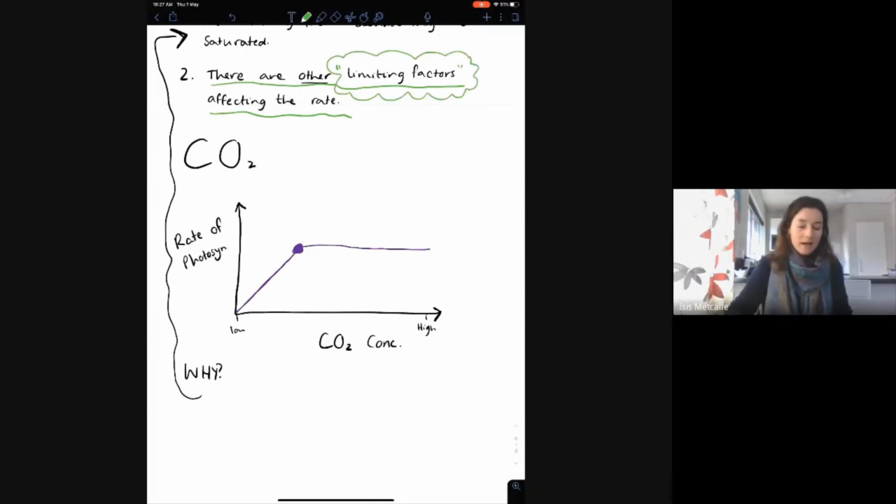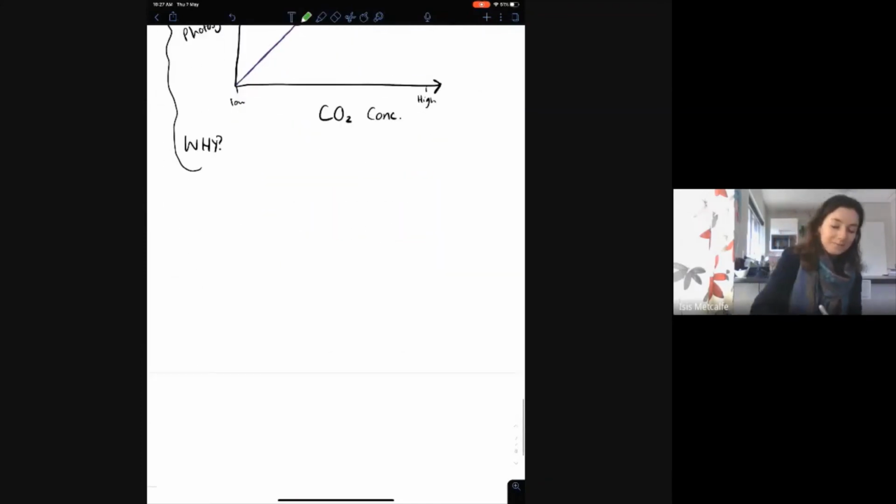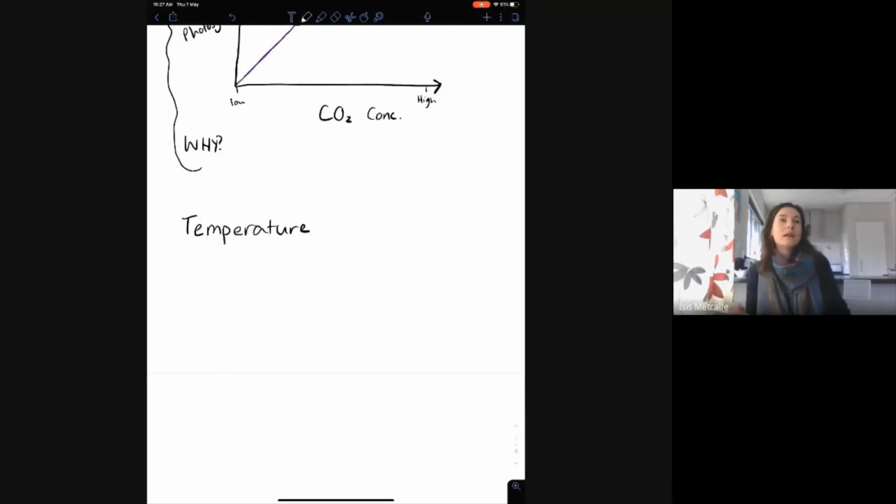Okay, last one, temperature. And so plants have got an optimum temperature which they work best at. In animals, like humans, for example, we also have an optimum temperature, but we're lucky because we can regulate our own internal temperature.